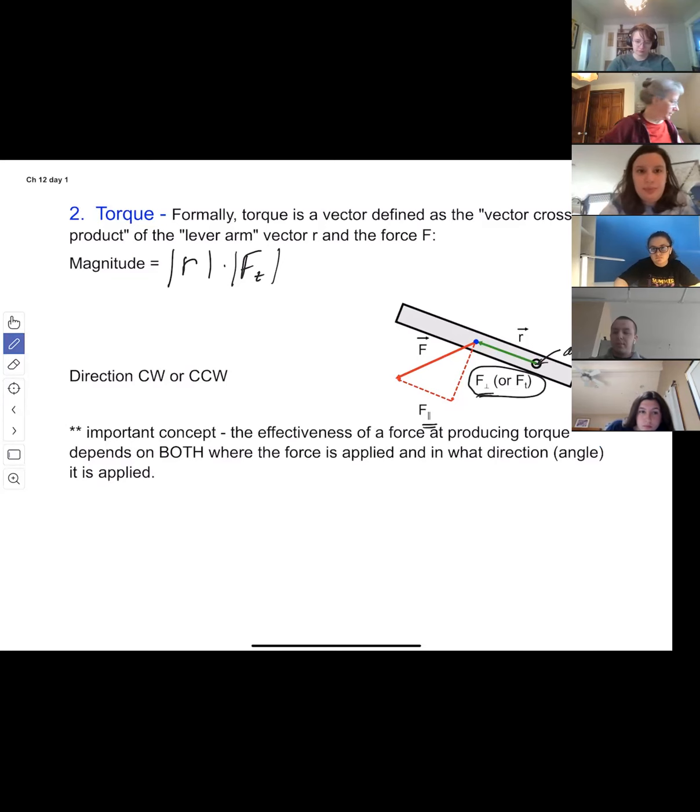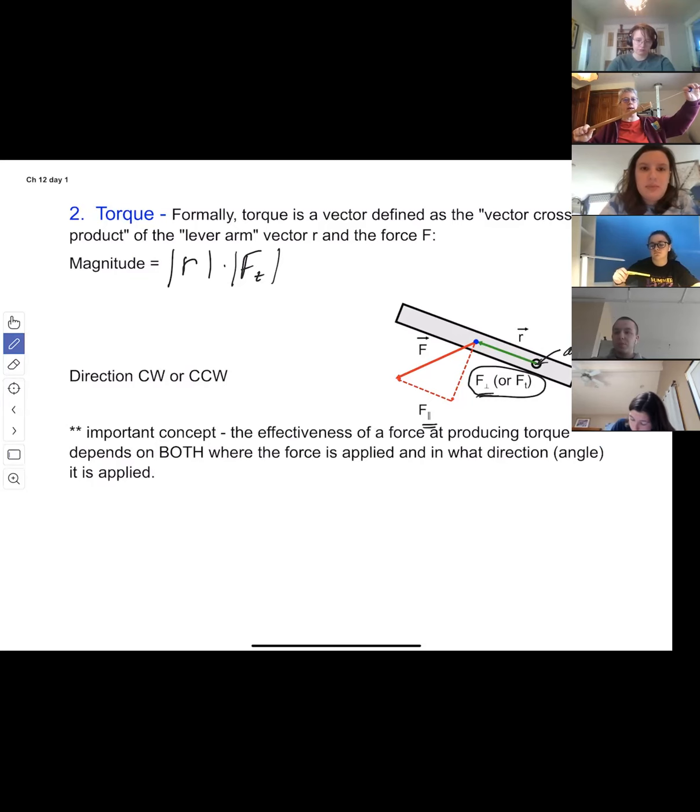So for example, let me pull up my little stick. I'm using my back scratcher as a stick today, and I got a little string here to apply a force to it. So if I were to apply a force to this at a 90-degree angle, it's very effective at helping start this to have motion.